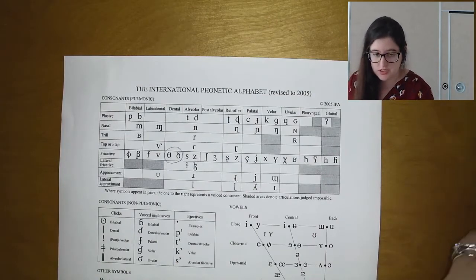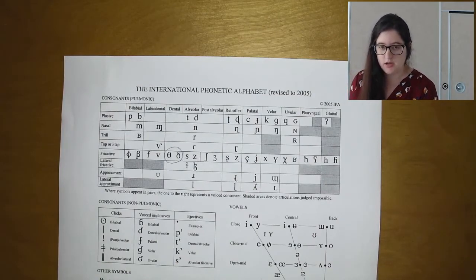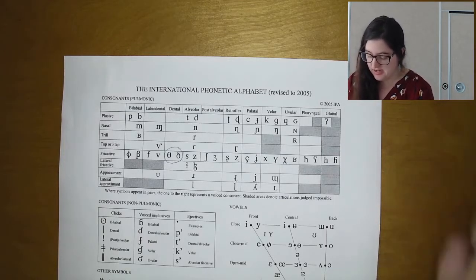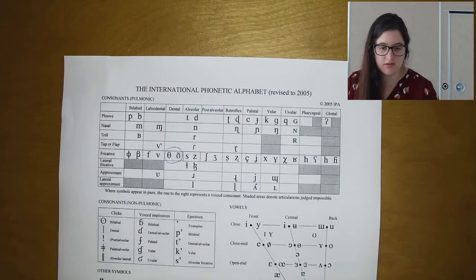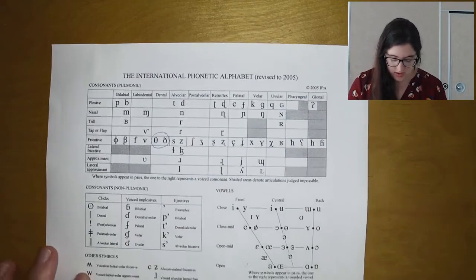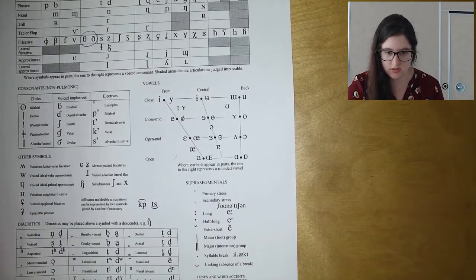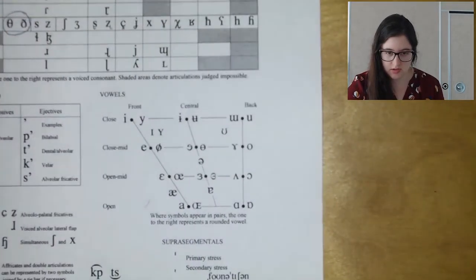If you have questions about vowels or consonants from last time, we can go over those at the end. But like Catherine said, today we're going to talk about vowels. On the official IPA chart, we have a vowel chart. It looks like this. Let me zoom in a little bit.